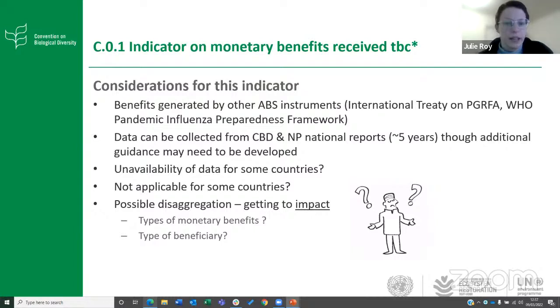So that's another case which, from the Secretariat perspective, should be mitigated through this aggregate reporting every 5 years, but it still could be an issue for some smaller countries with a smaller number of ABS agreements and not wanting to be able to track how many benefits they received from a specific agreement.